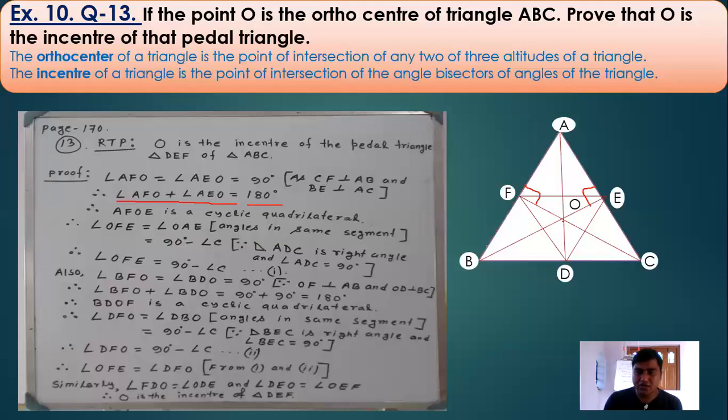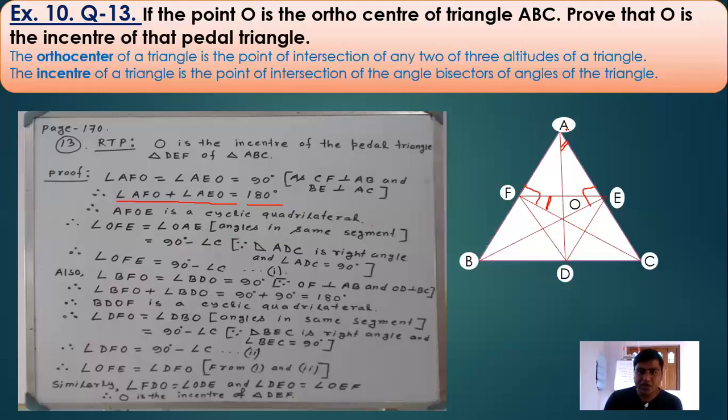So we consider the arc OE. This arc subtends two angles. This angle OFE is equal to angle OAE.